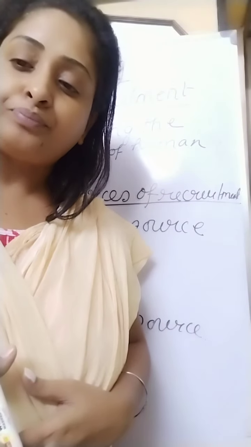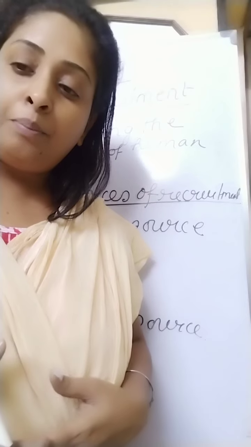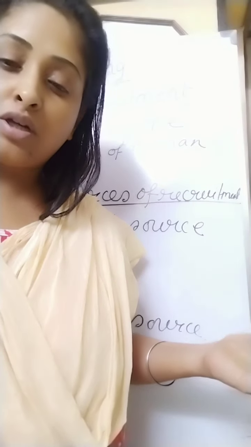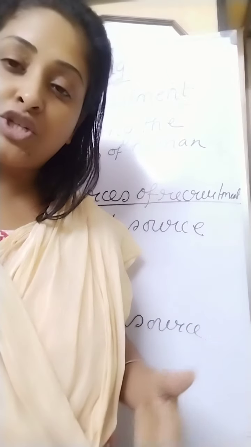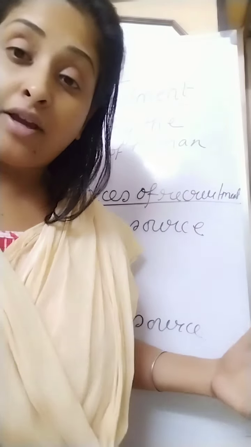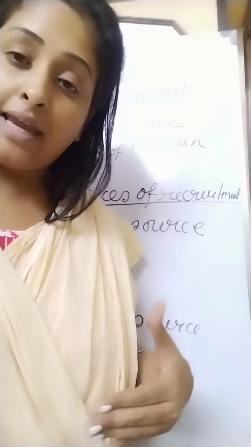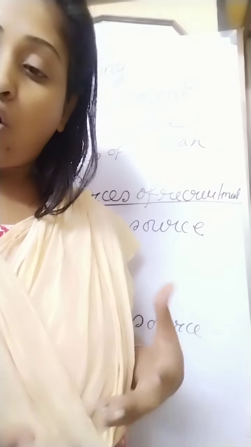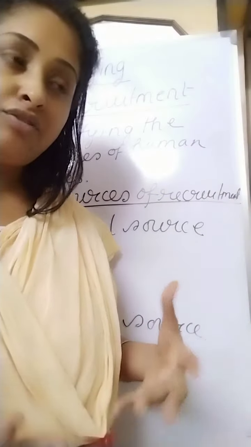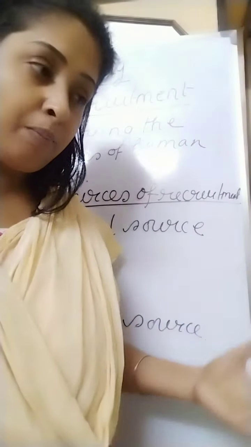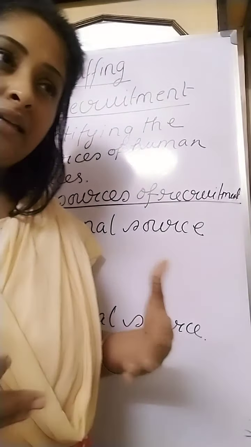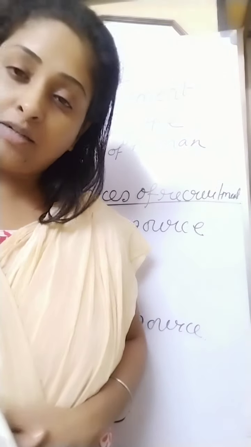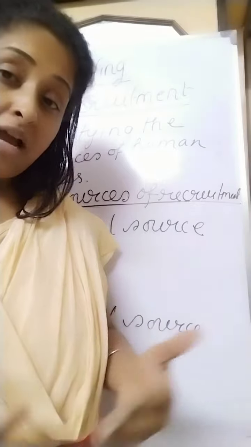Also, present employees of an organization may be asked to fill up a vacant position temporarily. Ex-employees can be called again to rejoin on a contractual basis. Dependents and relatives of a deceased or disabled employee can also be called to fill up the vacant position on behalf of their relatives.